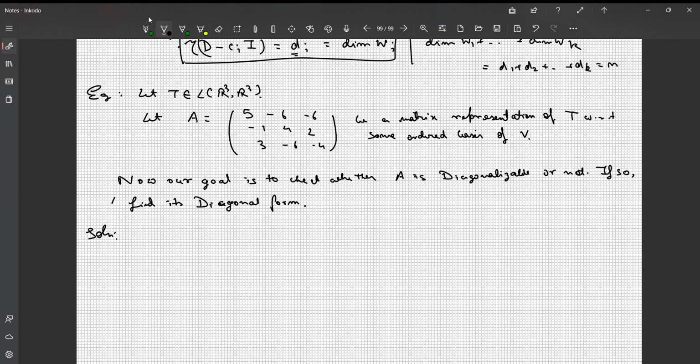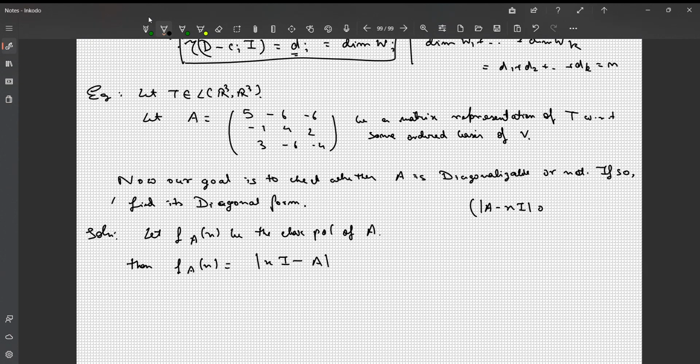Let f_A(x) be the characteristic polynomial of A. Then by definition, f_A(x) is given as the determinant of xI minus A. Obviously we can use A minus xI, determinant of this, or determinant of xI minus A, because if A is an n cross n matrix, then A minus xI is also an n cross n matrix.